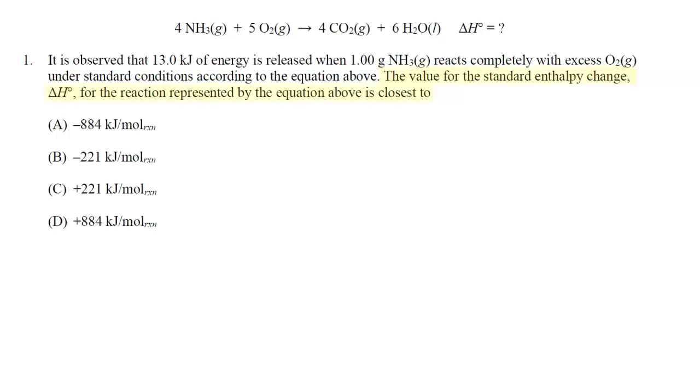The value for the standard enthalpy change, or delta H, for the reaction represented by the equation above is closest to, and then we have 4 numerical choices. Let's focus on the units of these 4 choices, and the units are kilojoules per mole of reaction.